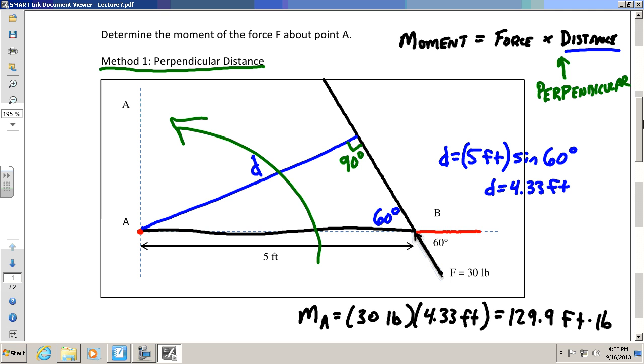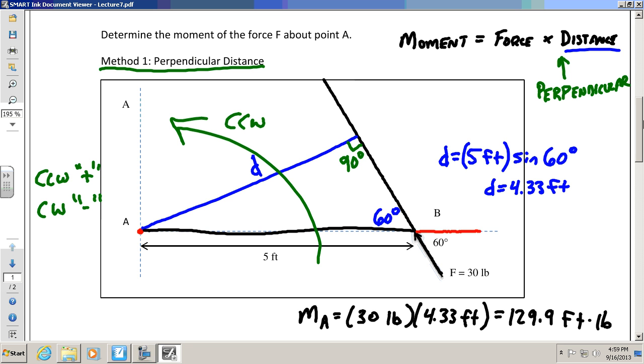So is that clockwise or counterclockwise? Those are the only two rotations you've got. Counterclockwise. Now, what we're going to do in statics is say counterclockwise is positive and clockwise is negative. That's our sign convention. So that's positive.